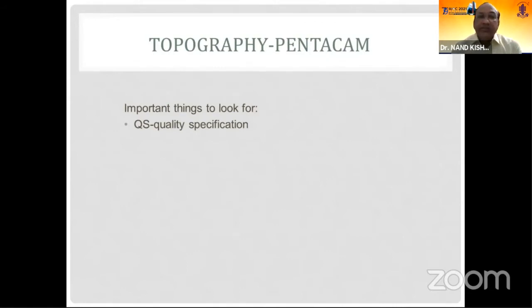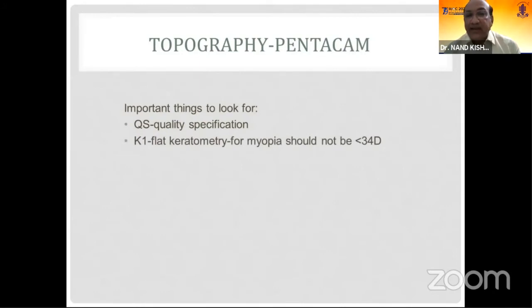Only if the picture taken is of good quality should you start analyzing the map. Then the K1, flat keratometry, you always have to take this into consideration for treating myopia, which should not be less than 34 diopters.